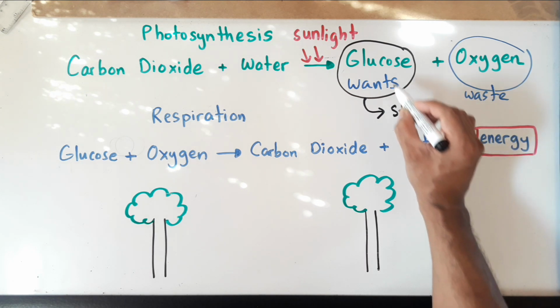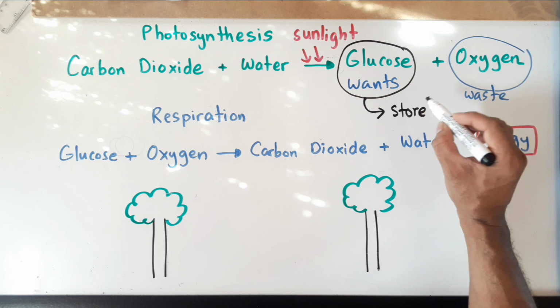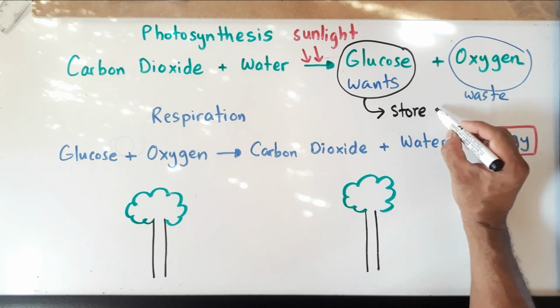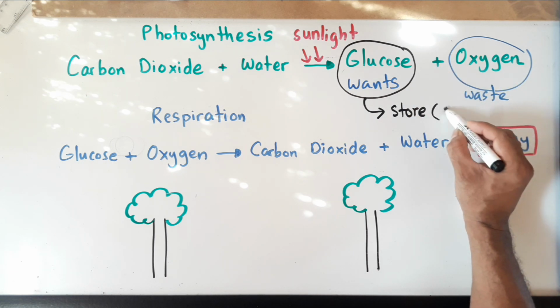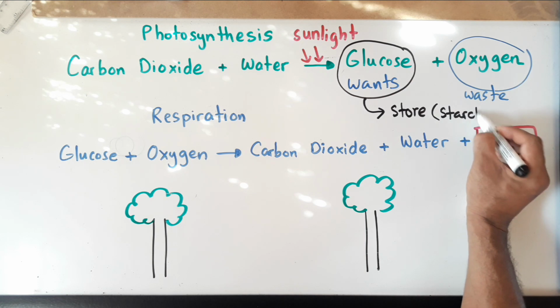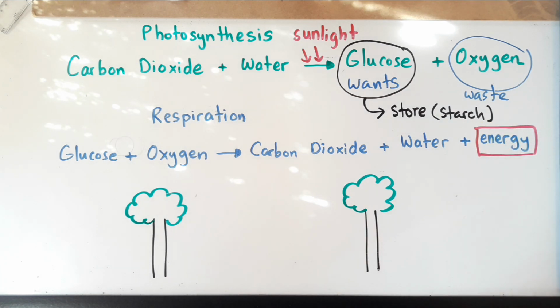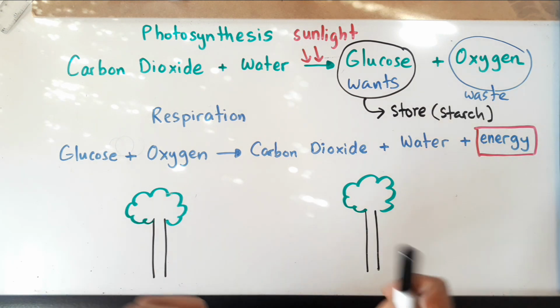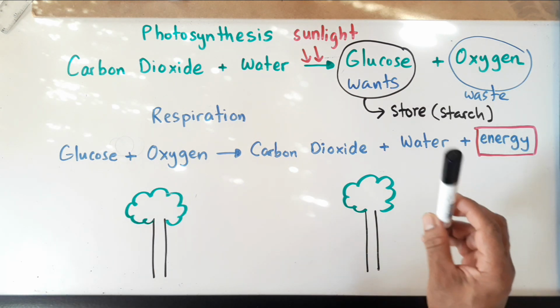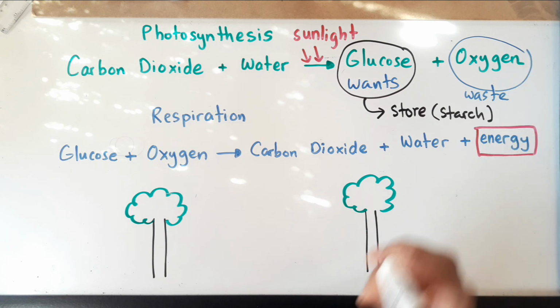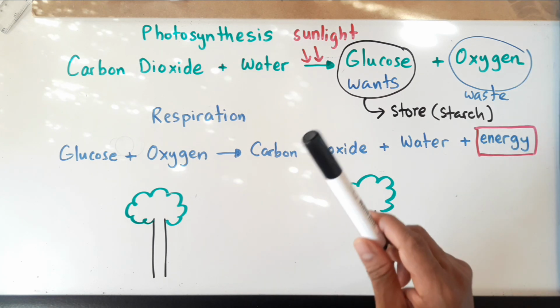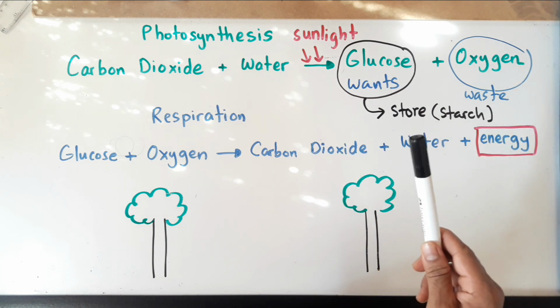But when it stores the glucose, it doesn't store it as glucose. It stores it as something called starch. And this is a very popular question in the exam. And it's very popular amongst teachers that bring it in the multiple choice. So if they ask you, what is glucose or what is plant food stored as, right?